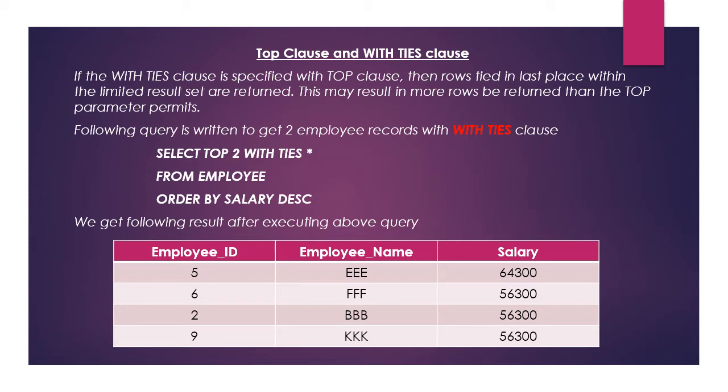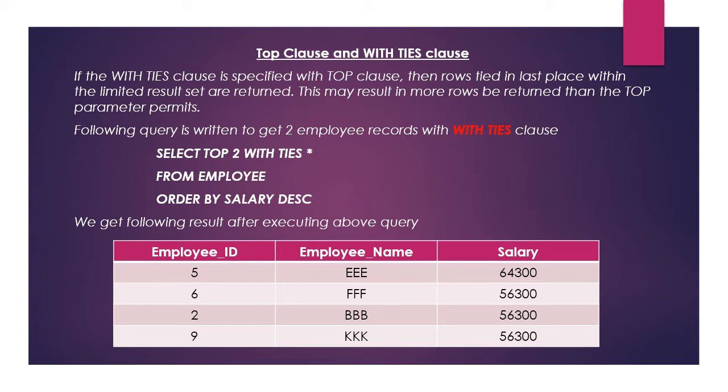Means even though we access n number of records from the table using top clause, rows matching with the last place of the result are also returned as output. So the total result set may contain more than n records. It will be more clear when we see an example.